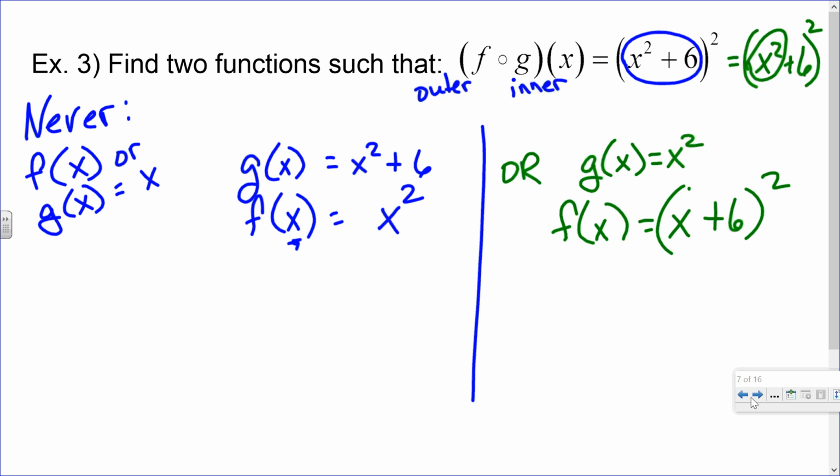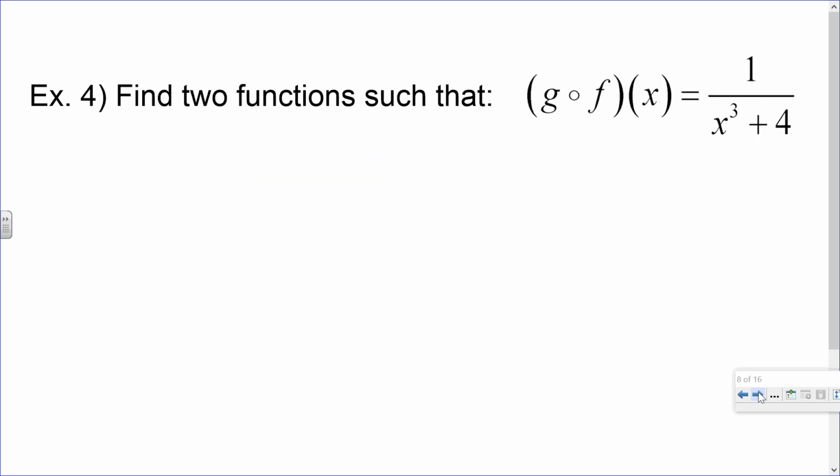Let's try another one. So same directions. Now we want to get two functions so that this happens. For this one, f is going to be the inner one, and g is going to be the outer one. So as you look at 1 over x cubed plus 4, what looks like it might be one of the smaller pieces kind of on the inside?